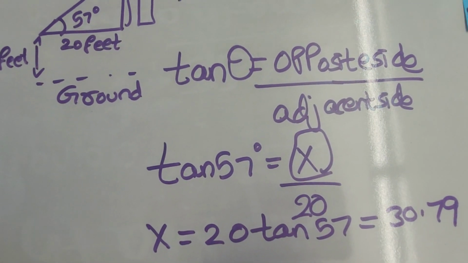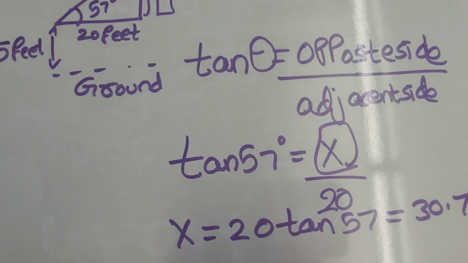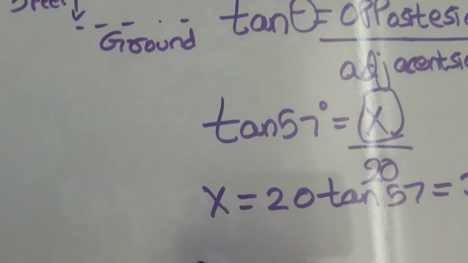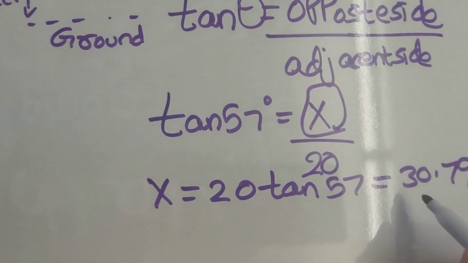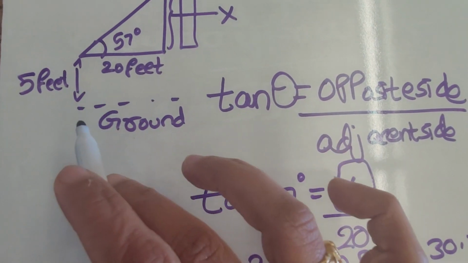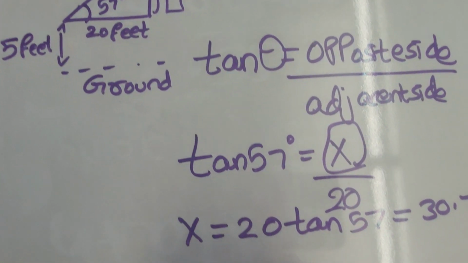We need to find out how tall the tree is to the nearest tenth of a foot. So this is the height of the tree, but it is calculated from this base here. That is 5 feet from the ground level.